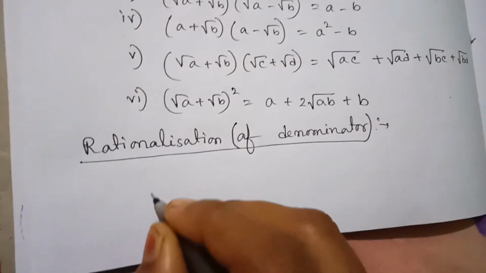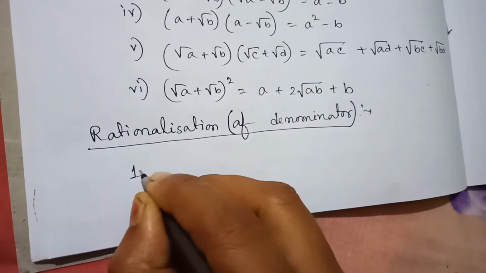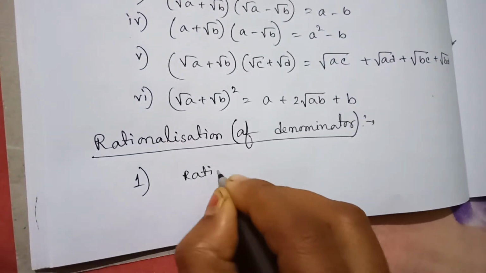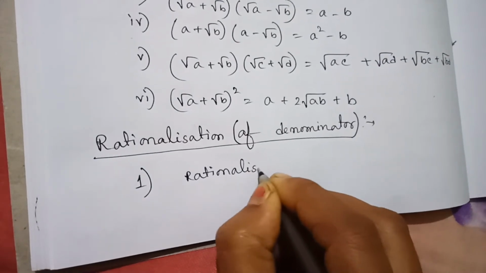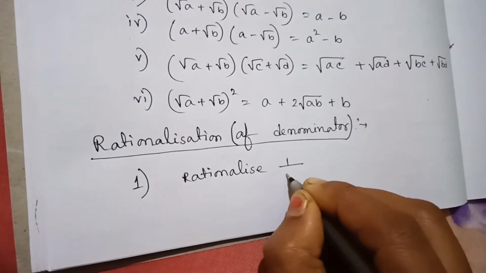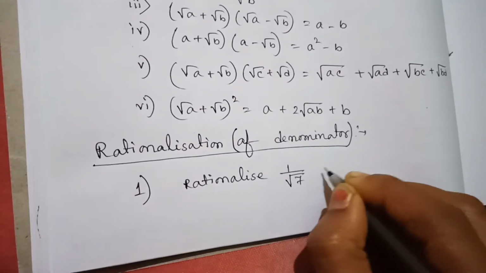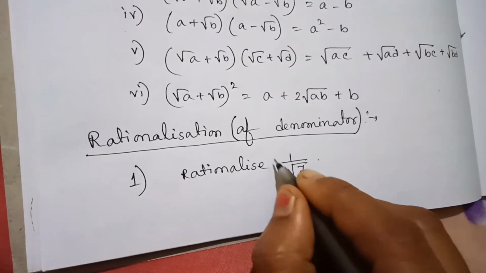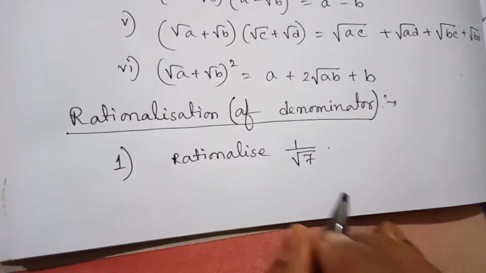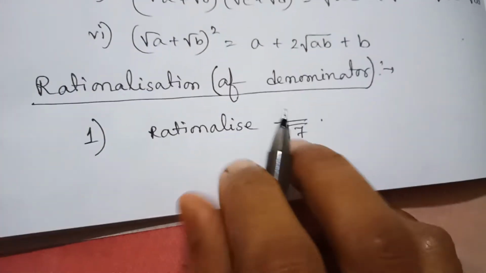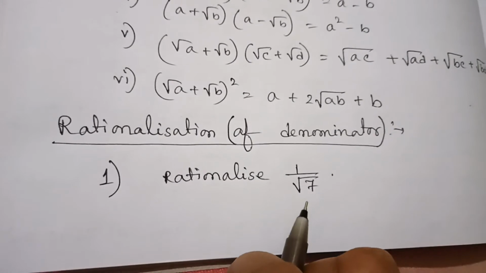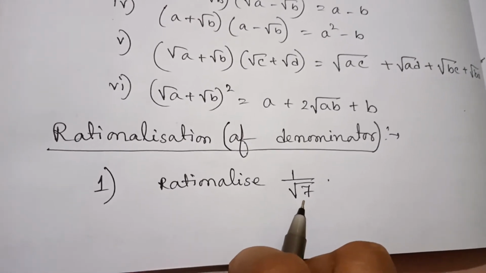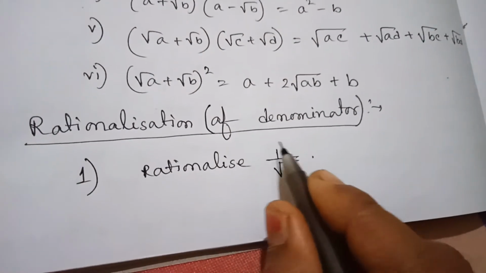Okay, so in examples, number 1, suppose the question is rationalize 1 by root 7. Means rationalize the denominator of 1 by root 7. And rationalize means the form is irrational and we have to make it rational. Okay, now look how we are making it.